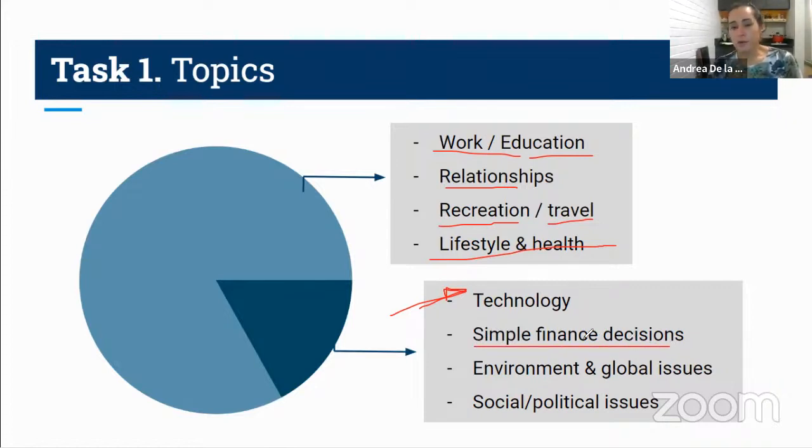You know, they're not gonna ask you about like the stock market. They will ask you things like, do you think it's a good idea to save or do you spend everything that you earn? Then environment or global issues like pollution, violence, things like that.